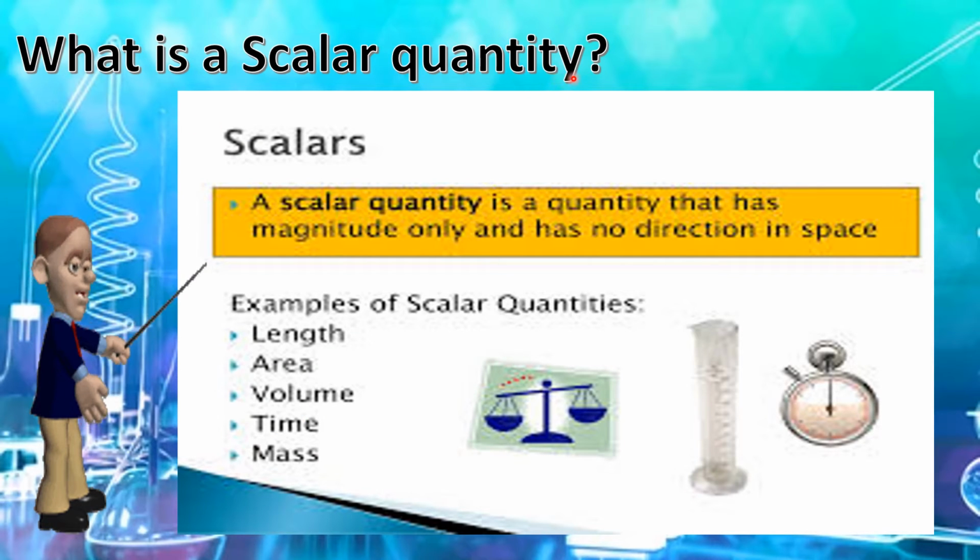What is a scalar quantity? A scalar quantity is a quantity that has magnitude only and has no direction in space. Examples of this are length, area, volume, time, and mass. These quantities are what you call scalar quantities because they only have magnitude or size, but no direction.